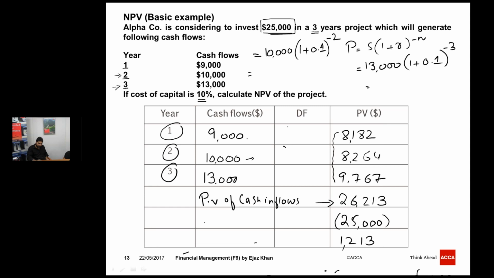This is the present value of cash inflows. This is the present value of investment, cash outflow. And this is the net present value. Since the required investment is less than what Alpha company should invest, Alpha company will go for this investment. It will add $1,213 to its value of company.